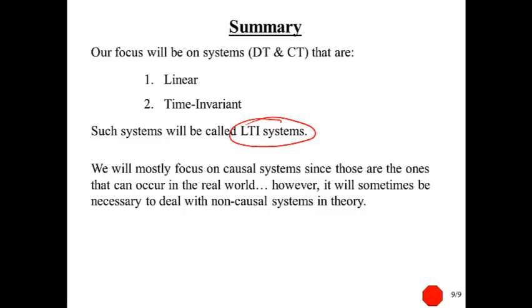And even though we will focus mostly on causal systems, because that's what we'll see in the real world, as we go through the theory, occasionally we'll be wishfully thinking, gosh, I'd like to have a system that does this. And then we analyze it and discover, can't. It's a non-causal system. And since we can't have a physically realizable, real-world, non-causal system, that's an important thing to see. We go, oh, crap, I can't have what I really want.